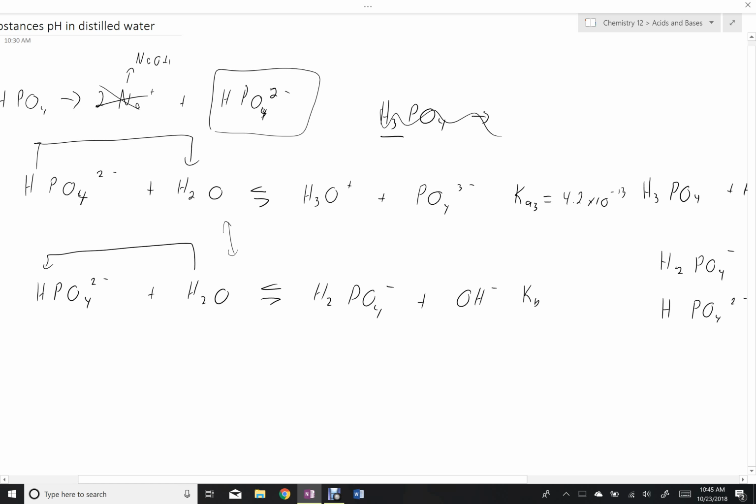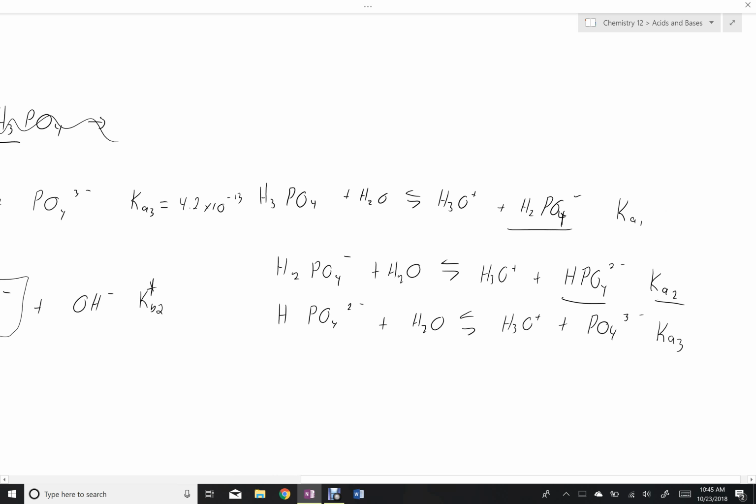To understand which Kb this is, I have to recognize that if all of these things are written as Kas, this Kb is actually a conjugate process, as in I'm looking at the reverse reaction here. When I look at this H2PO4, I realize this is the conjugate process for the second hydrogen, the conjugate Kb2.